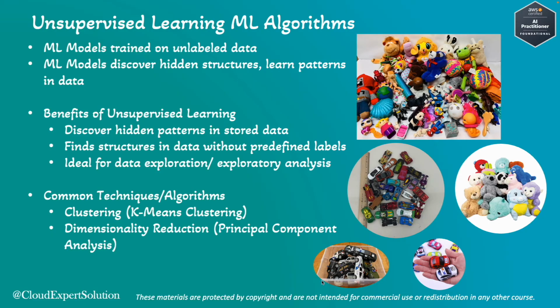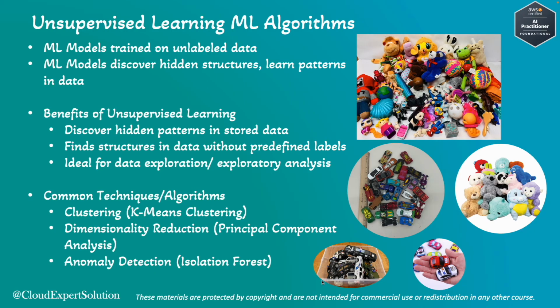Maybe you have a data set and you want to reduce the data set volume, or you want to make the data set into a smaller fragment, then dimensionality reduction is the perfect technique. And the third is anomaly detection, and the algorithm name is isolation forest, and Amazon has their own proprietary algorithm called random cut forest. So these are some common techniques or algorithms we use for unsupervised machine learning.